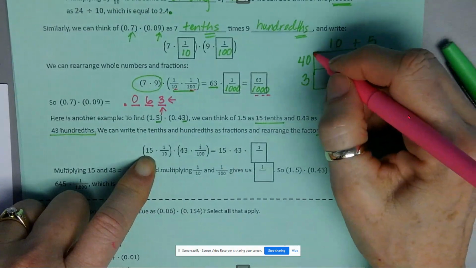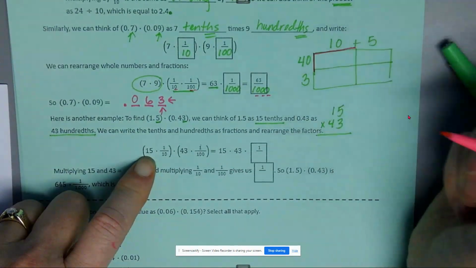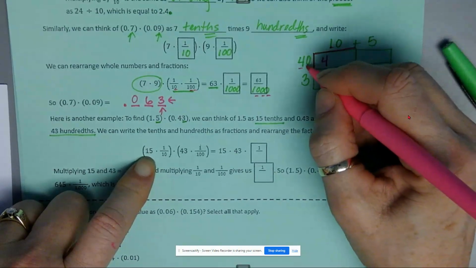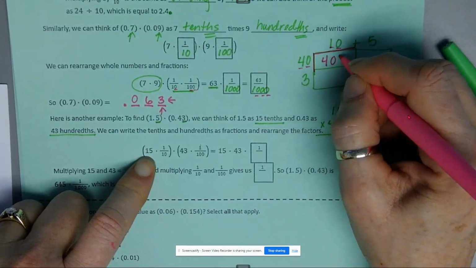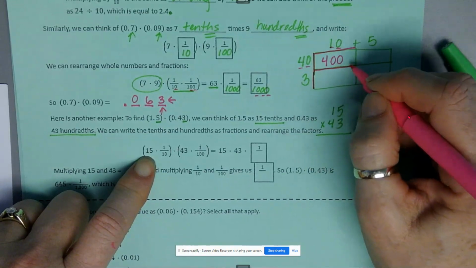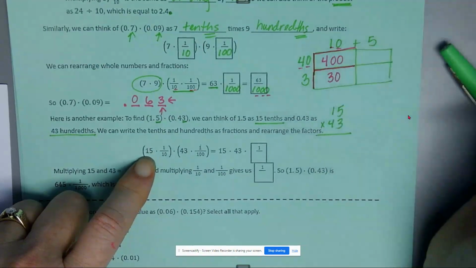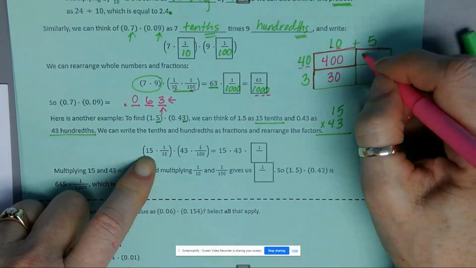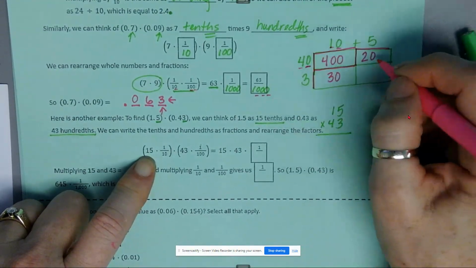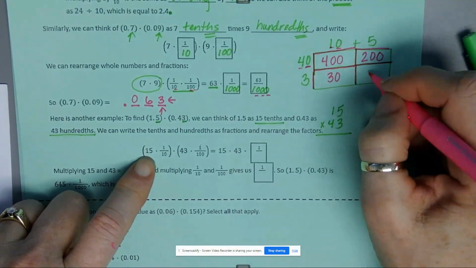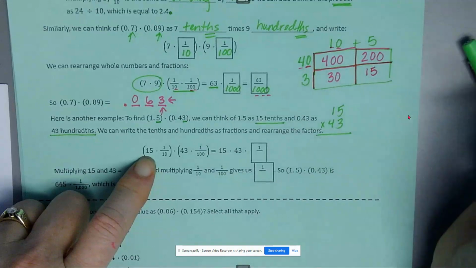Area is length times width. So 40 times 10, that's my length and my width. 4 times 1 is 4 with 2 zeros. This is 3 times 10, so that's 30. This is 40 times 5, so 4 times 5 is 20 with that one extra zero. And this is 3 times 5, which is 15.